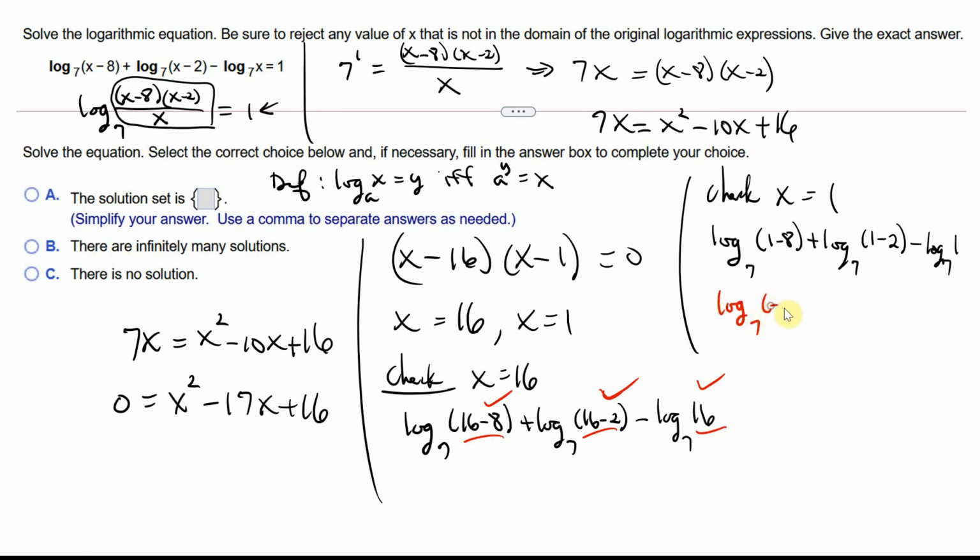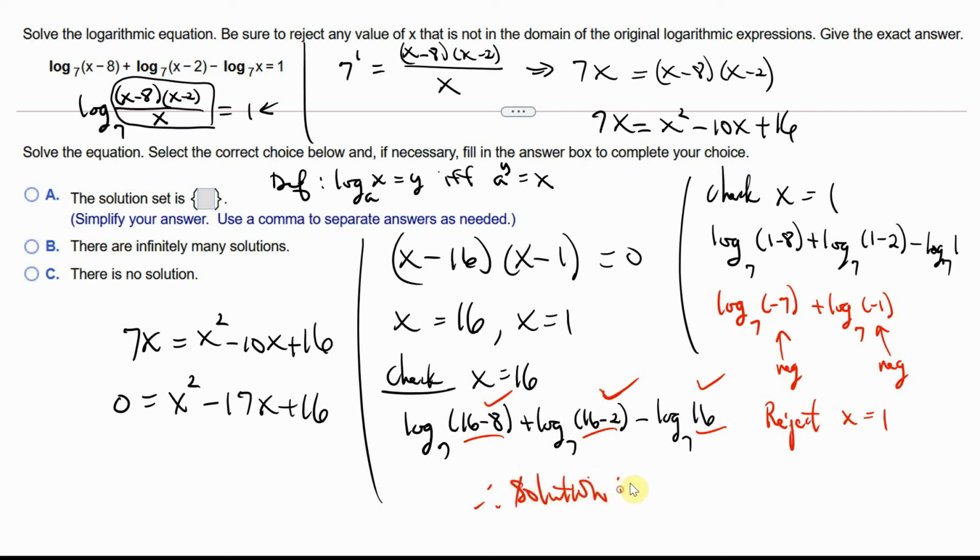Log base 7 of negative 7 plus log base 7 of -1, negative, negative. I mean, if you look at it, you don't have to even work all this out. So we reject x equal to 1. So our only solution is x equal to 16.